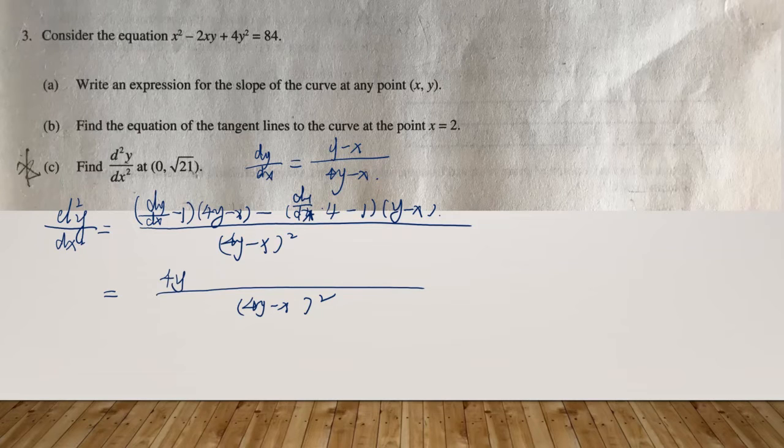For y minus x, dy over dx minus 1, minus y minus x, 4 dy over dx minus 1.